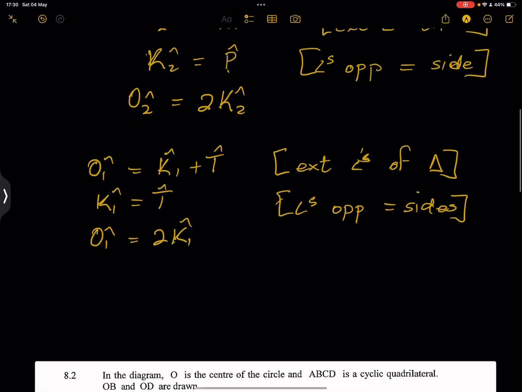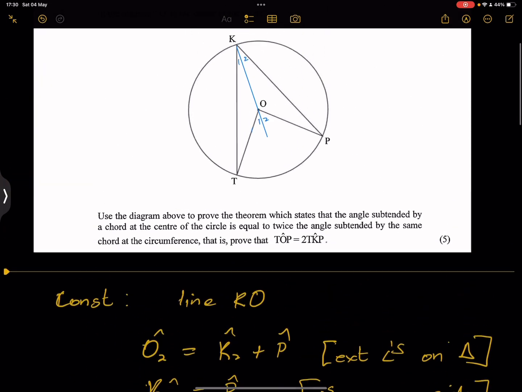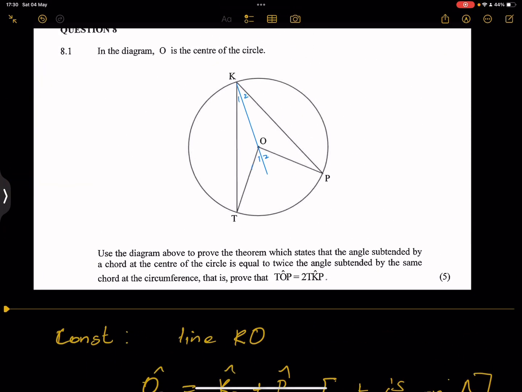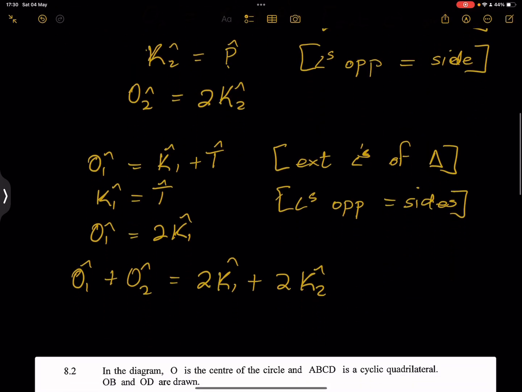All right, so that means if I take O1 plus O2, this will be equal to 2 times K1 plus 2 times K2. Now, if you note there, O1 plus O2, that is that entire angle TOP.